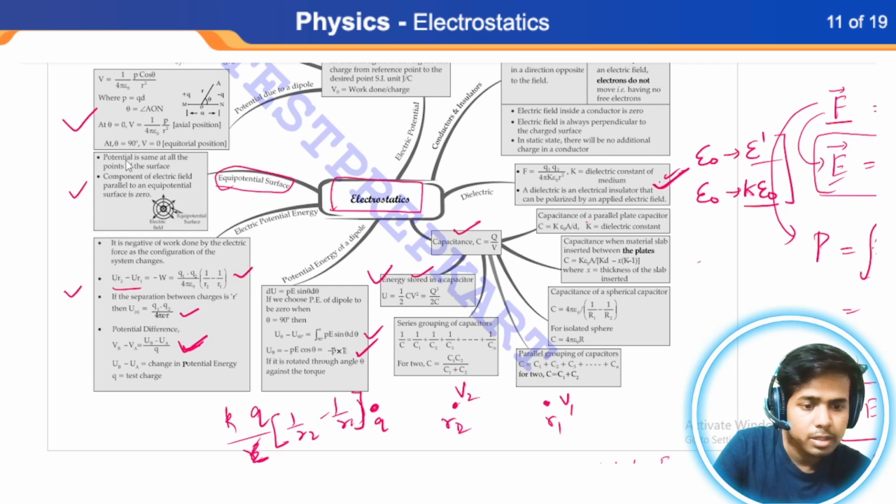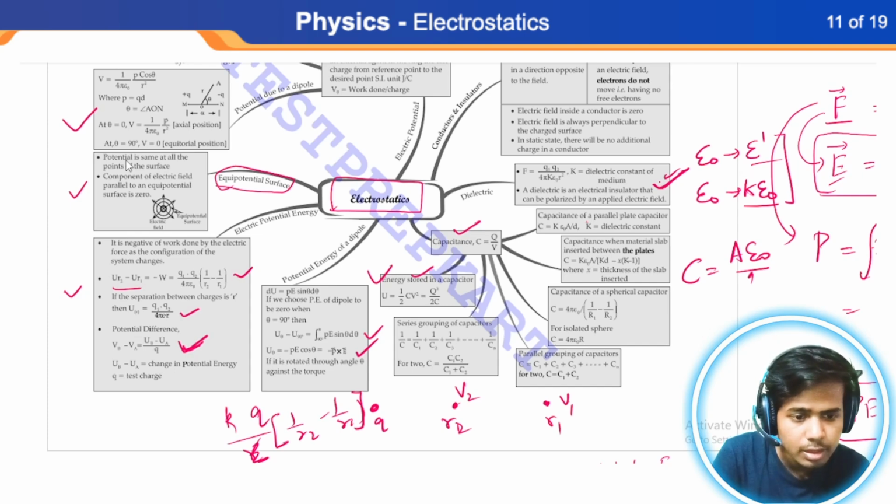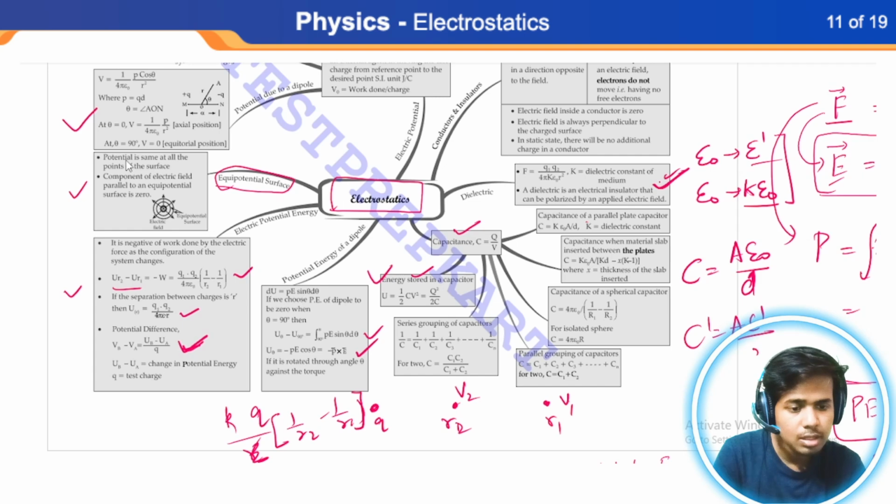Of course, the capacitance of the parallel plate capacitor was A epsilon by, sorry, D. Now here epsilon has changed, so it will become C dash with epsilon dash, where epsilon dash is equal to K into epsilon naught.